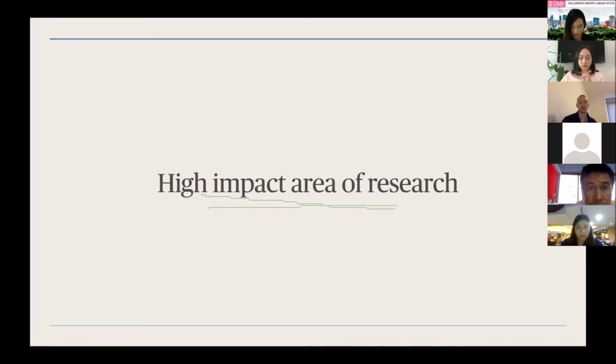So the first, and for me the most important empirical reason why we should care about classroom discourse research, is that it's a high impact area of research. Now, if you're working at a university, if you're on some type of tenure track program where you're required to publish to get a promotion, to retain your job, then we know that management wants us to publish papers that have impact, that generate citations, that generate interest and excitement.